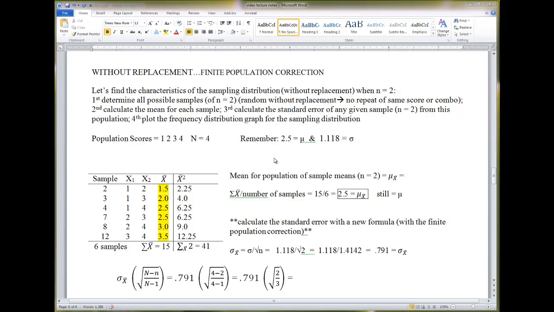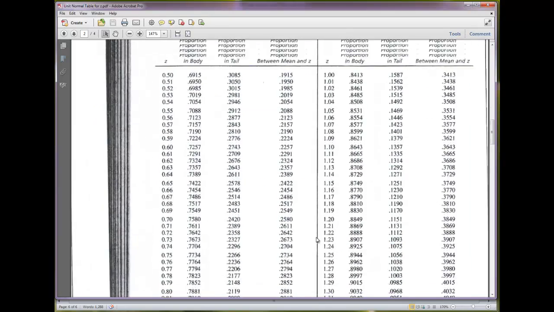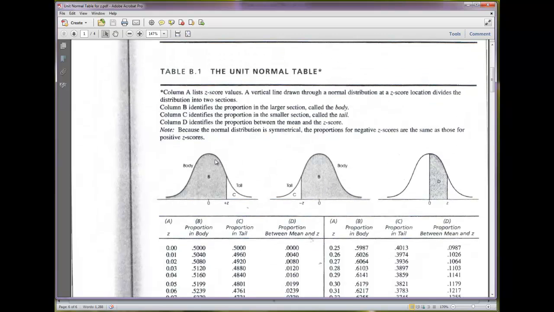And according to the central limit theorem, the sampling distribution will be normal when you have a sample size that's 30 or more, or when the population distribution is normal. But remember, even if the population distribution is not normal, the sampling distribution will be when you have a sample size greater than or equal to 30. And that's really important because this unit normal table that we've been using, well, normal's in the title of the table, and it relies on a normal distribution to be accurate.